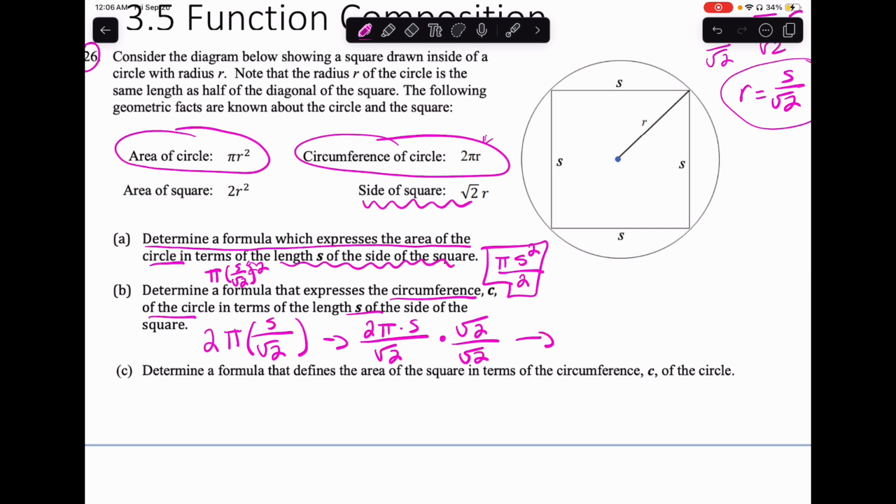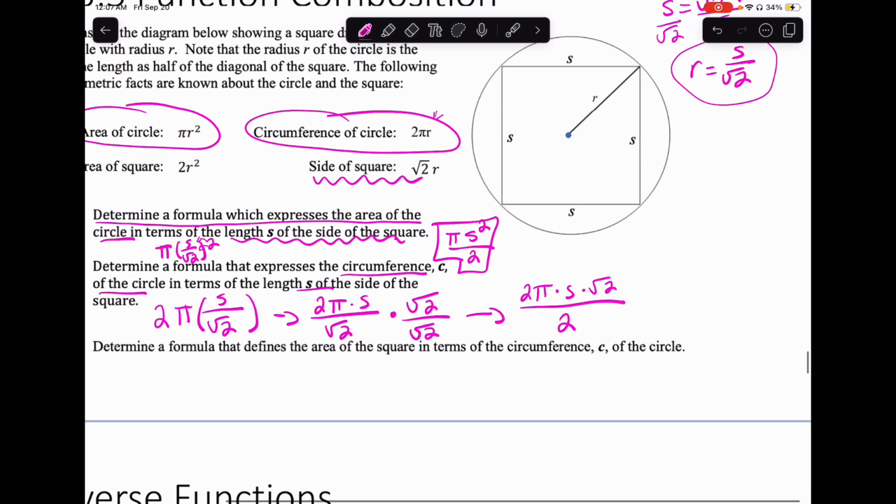So what you have left is 2 pi times s times the square root of 2 over, when you multiply square root of 2 times square root of 2, similar to before, the square root cancels out, and what you're left with is 2. You can even test that on your calculator. Square root of 2 times square root of 2 will leave you with 2.